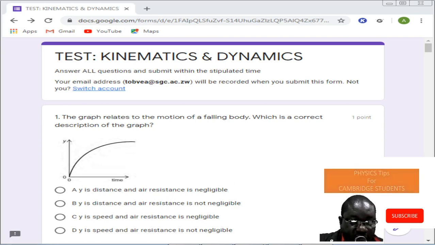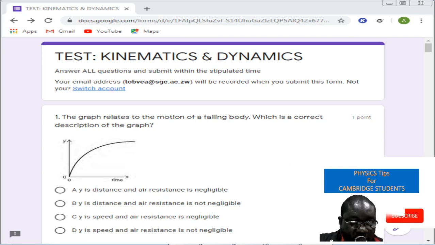Now we are told that this is something that is falling, and so only speed or velocity will get to this terminal velocity, that will reach that gradient that will be 0 over here. So you'd look for speed, which means the answer is between C and D.